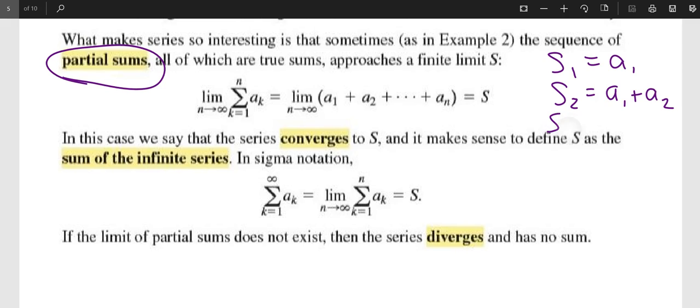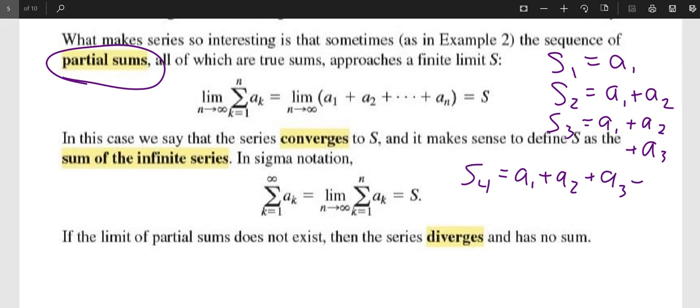And the third partial sum contains a sub 1, a sub 2, and a sub 3. And the fourth partial sum, I should scoot over just to give myself room, has 1, 2, 3, and 4. The first four terms added up.